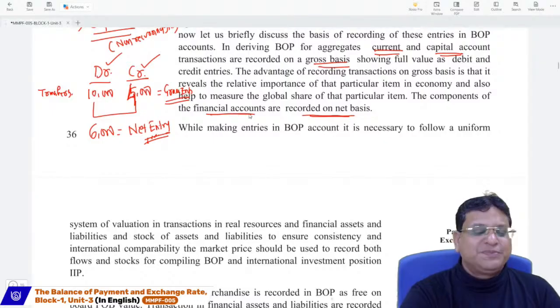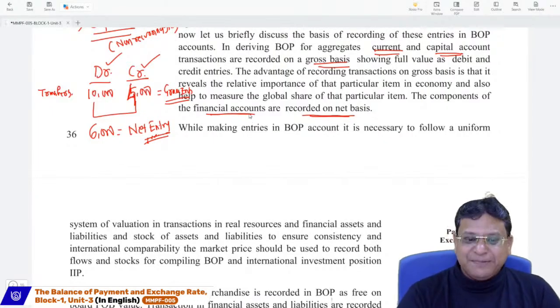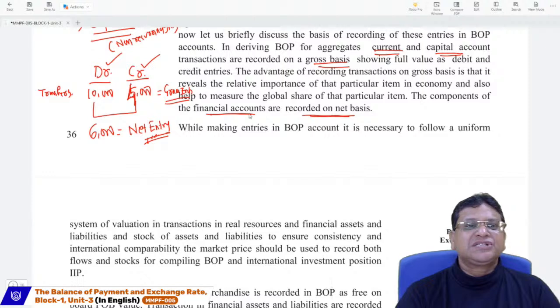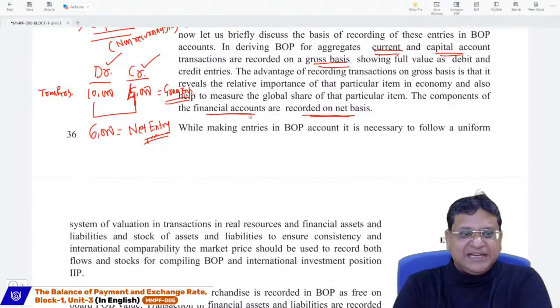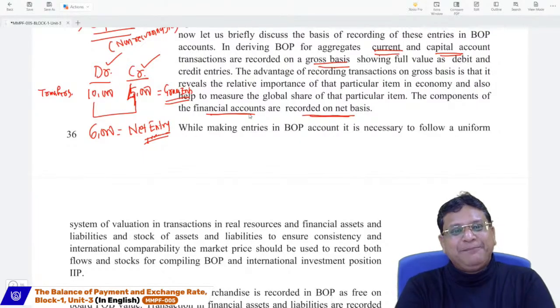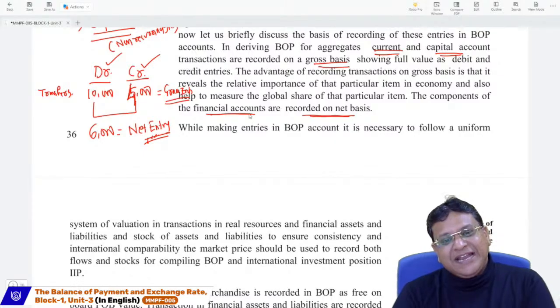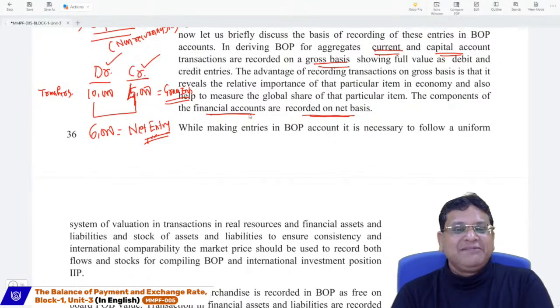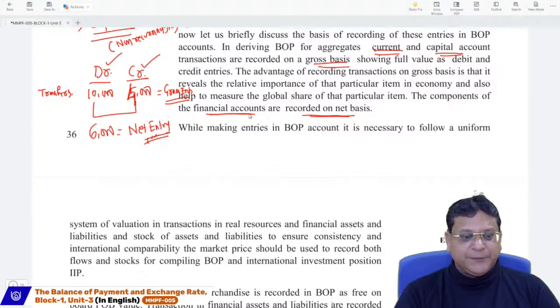Gross basis means you have to put both debit and credit items, and net basis means you have to net it, debit minus credit or credit minus debit. The net amount is to be reflected in the BOP statement.